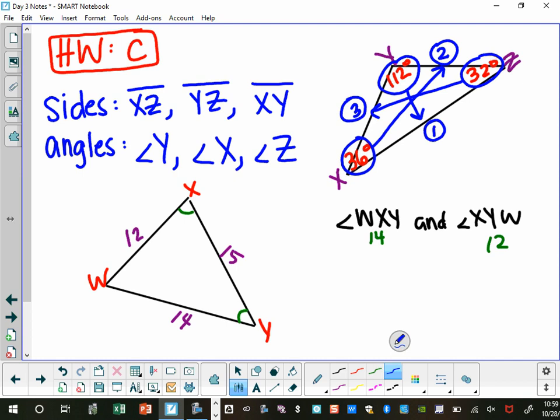Is this first angle bigger than the second angle? Yeah, so you're just going to write the greater than symbol. That's your answer. They're just asking you to decide whether it's greater than, equal to, or less than. So compare your sides, see what angle is the biggest, and then you compare.